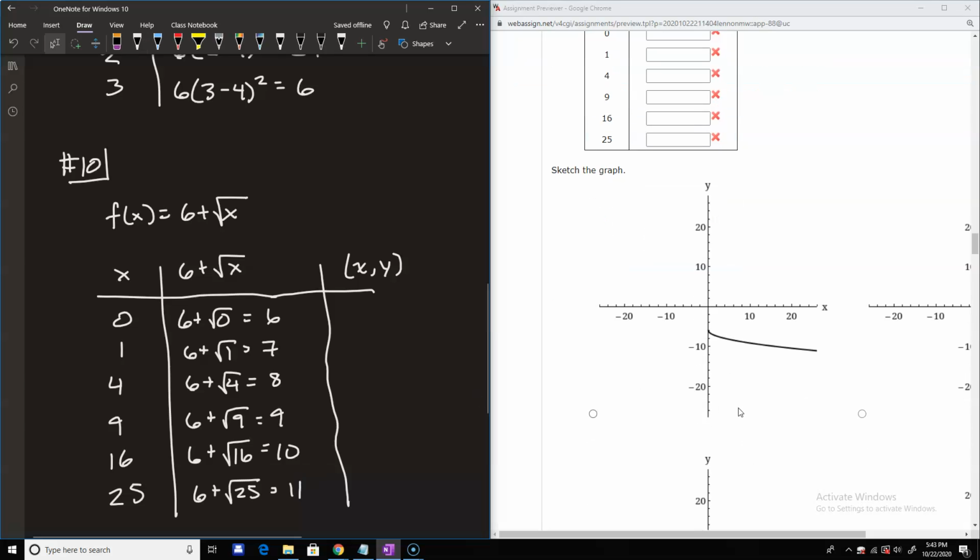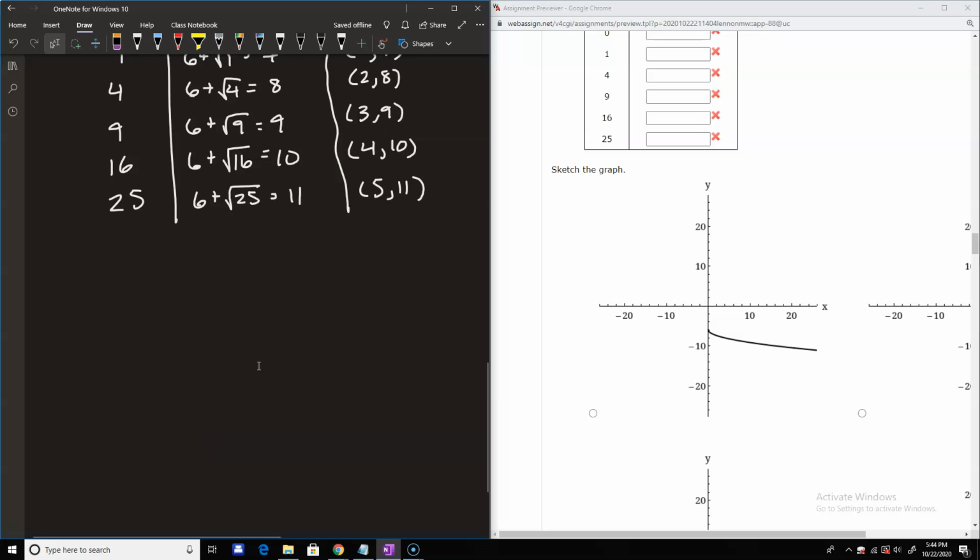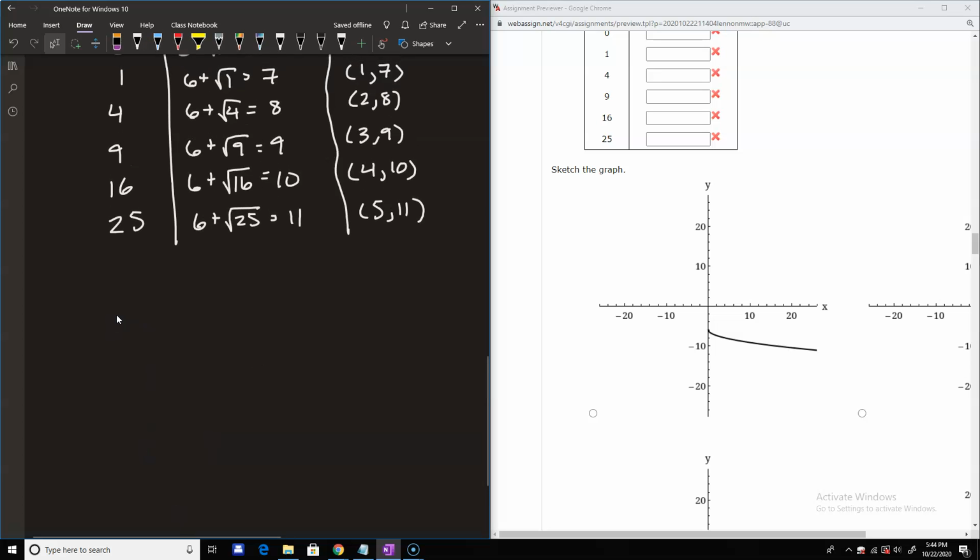So our ordered pairs are (0, 6), (1, 7), (2, 8), (3, 9), (4, 10), and (5, 11). If you want to make a graph, then our y values start at 6 and go up to 11.